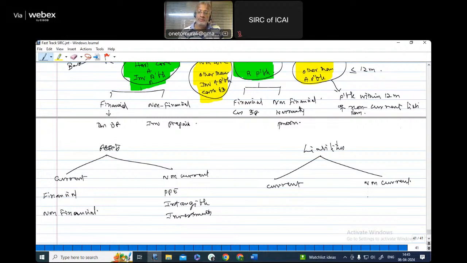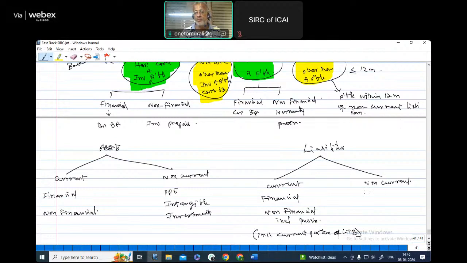Financial, non-financial, including provisions. Non-current liability here will include the current portion of long-term borrowing.